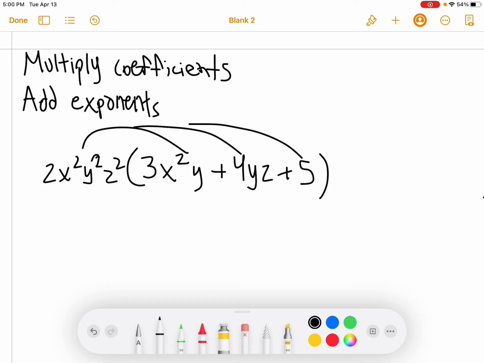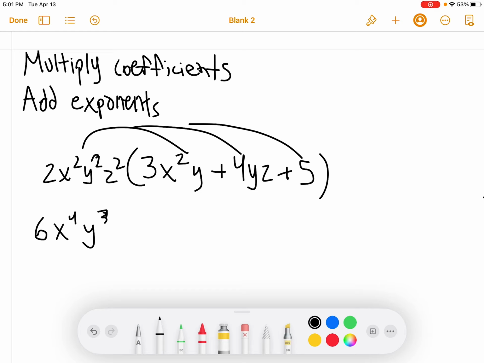So we just multiply coefficients and add exponents. The coefficients are 2 and 3, so we get 6. Then the x's: x squared times x squared gives x to the 4th. There's a y squared and a y to the 1st, so 2 plus 1 is 3.